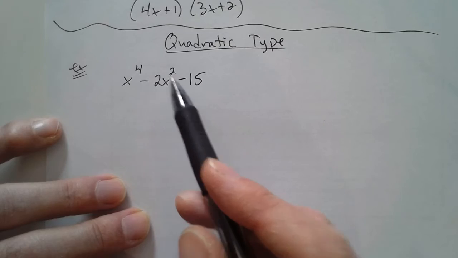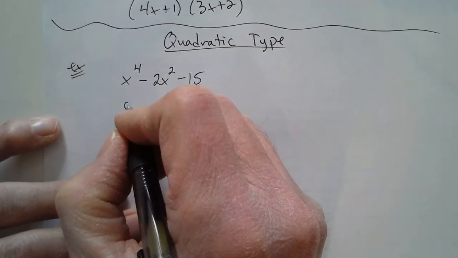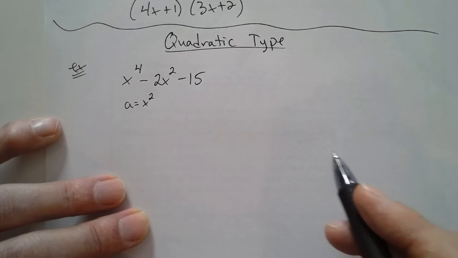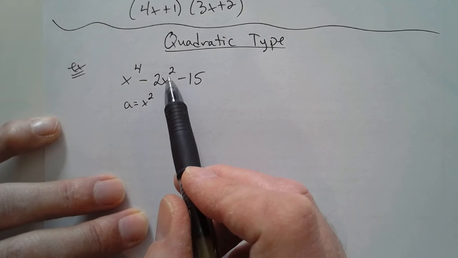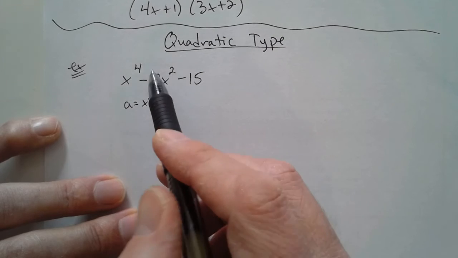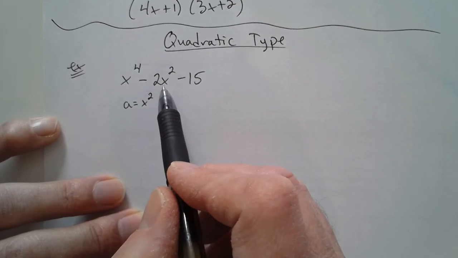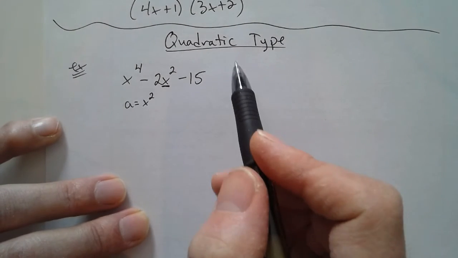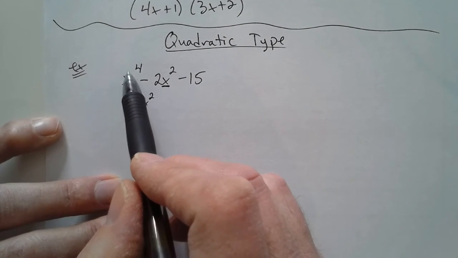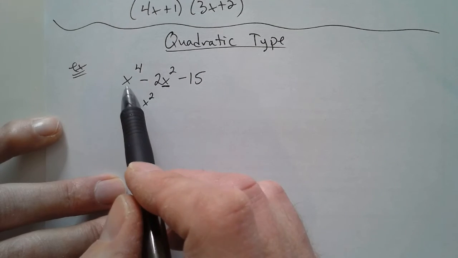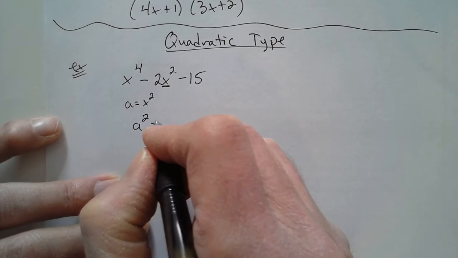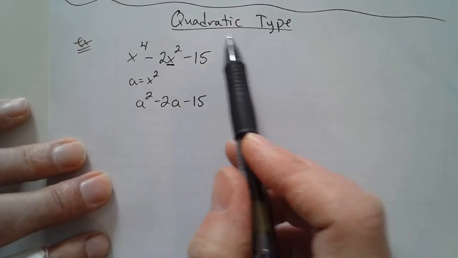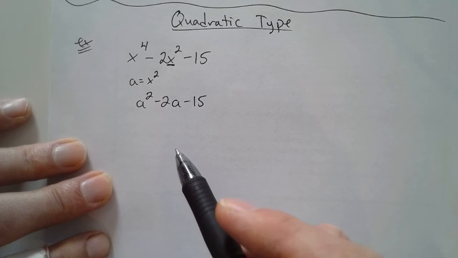But it can resemble one if you just say a is x squared. So if a is x squared, then I'm going to replace that x squared with a. By the way, whatever your a is, it's usually going to be whatever it is right there, if it's a quadratic type. So this is x squared times x squared, or x to the 4th. So that is actually a squared. So it becomes kind of like a quadratic polynomial.